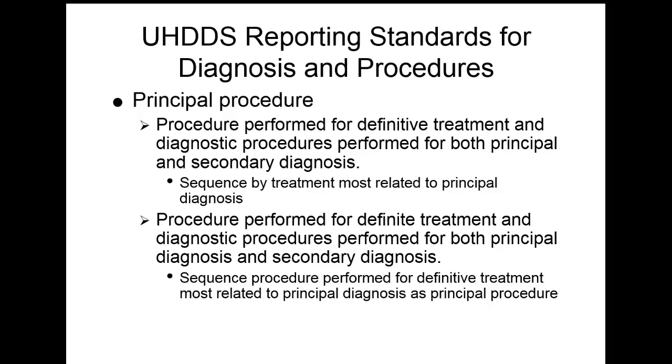This patient had a lot of things that happened to them, but it really doesn't matter what happened to them because the condition determined after study to have occasioned the admission is the coronary artery disease. That is the principal diagnosis. The procedure that was performed was the coronary artery bypass graft, and that is the principal procedure.